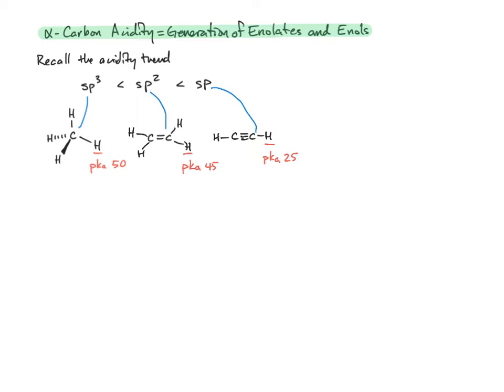So as we look through that trend, the percent S character increases. Here we have 25%, 33%, and 50%. And the reason that's important is because the S orbital is viewed as a sphere that is closest to the nucleus. So once that CH bond is broken, the negative charge on the carbon is closer to the nucleus.